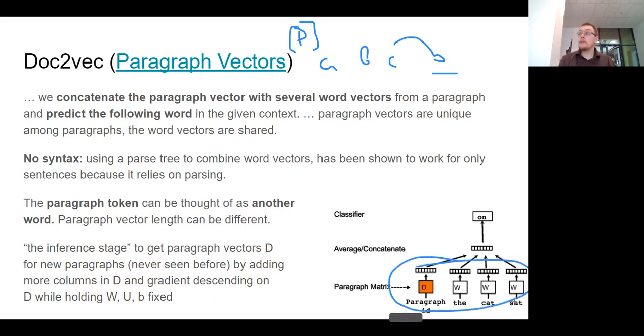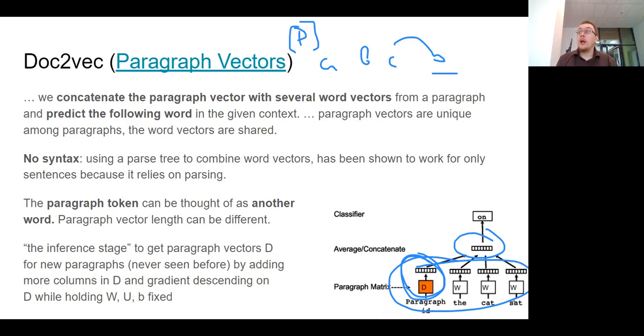They take the words, and for each word they have the vector. They prepare the vector for the context. And then they concatenate the vector of the paragraph, which they train, to any context. So this vector is a combination of the paragraph representation and the words representation.